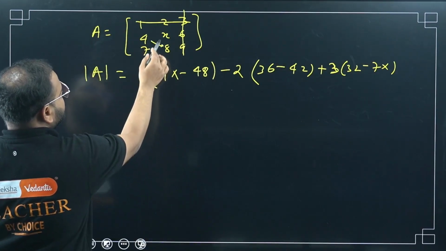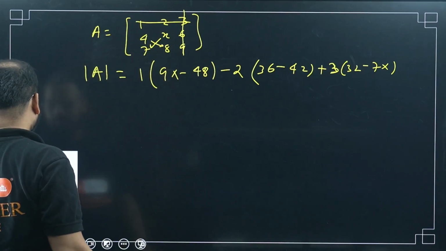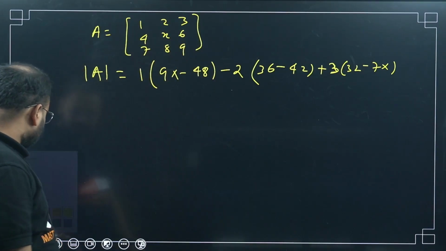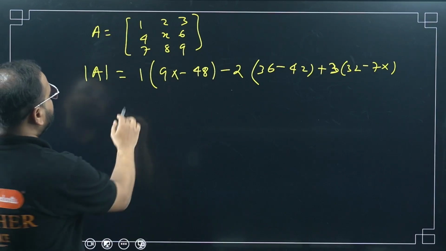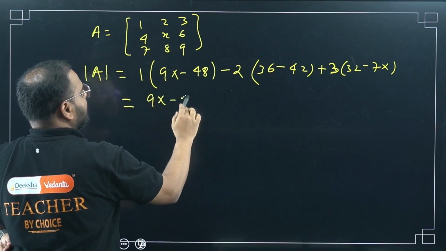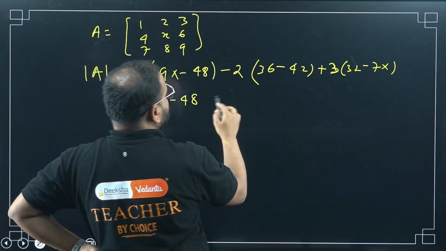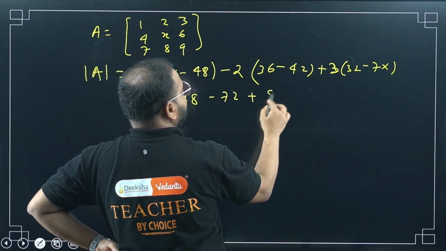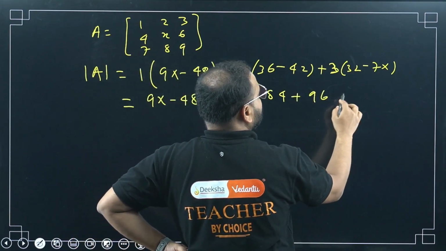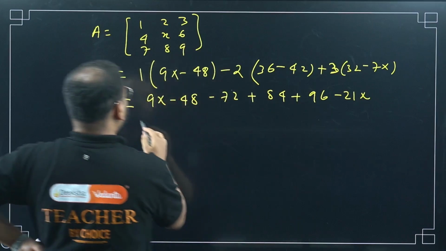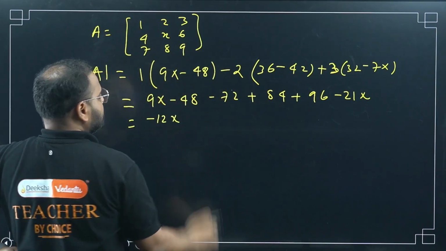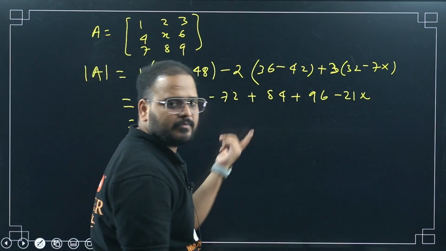This will remain as it is: 9x minus 48, expand here, minus 72 plus 84, expand here, plus 96 minus 21x. Take the x value first. 9x minus 21x is minus 12x, right? 9 minus 21 is minus 12.